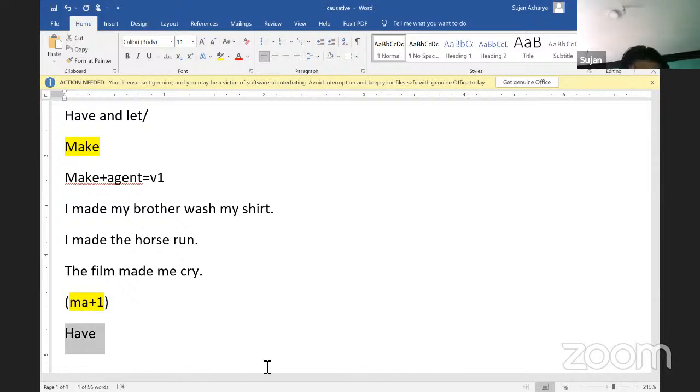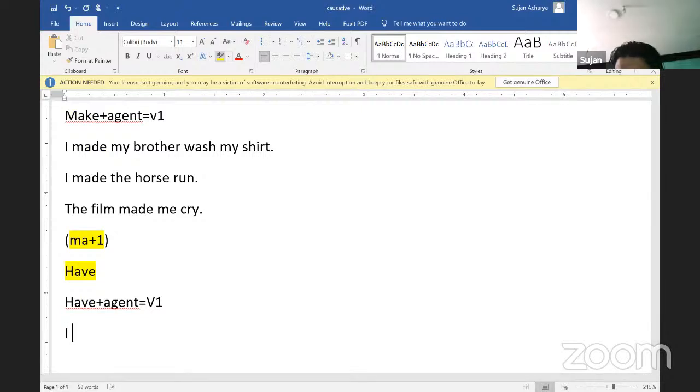Have. Have plus agent also takes V1. He had his. This had is the form of the have verb.